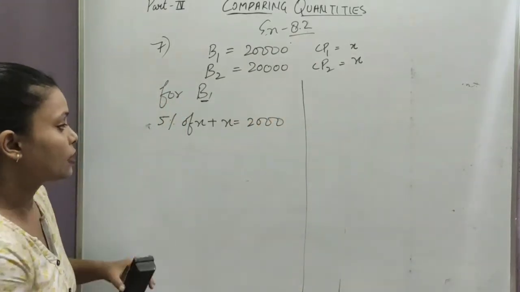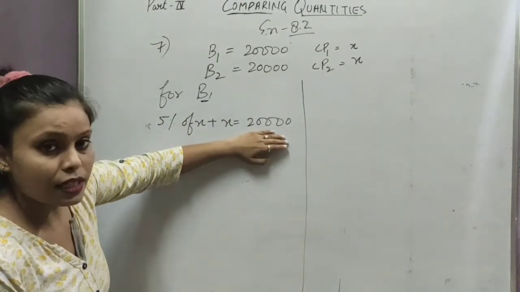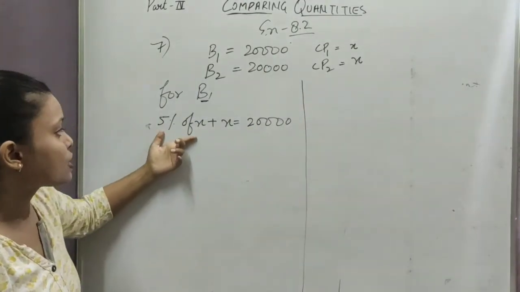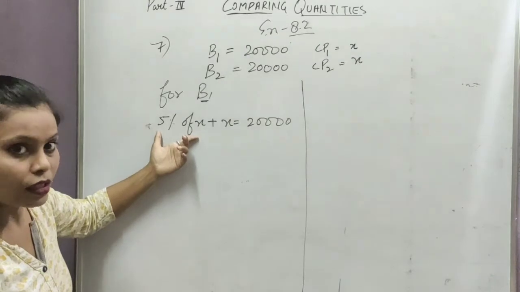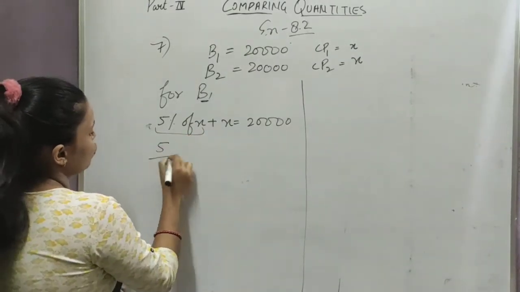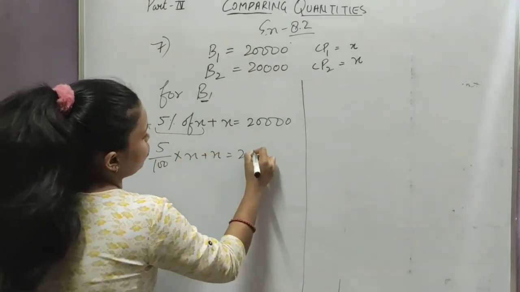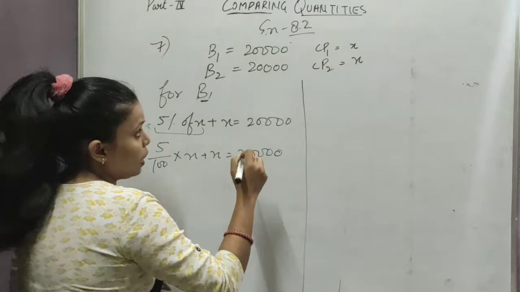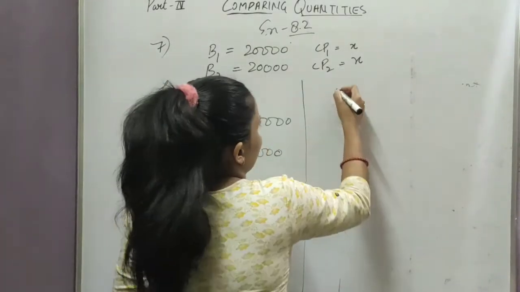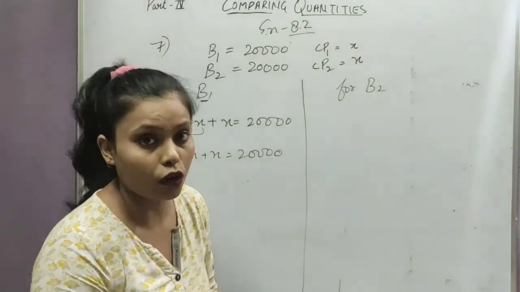What we have done, there is an increase in amount. Why? Because we got some gain, right? So gain is just like increment, so we will just solve it. Plus X is equal to 20,000. Now in the second case, for buffalo 2 we got a loss of 10%.